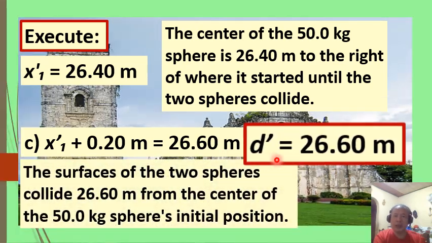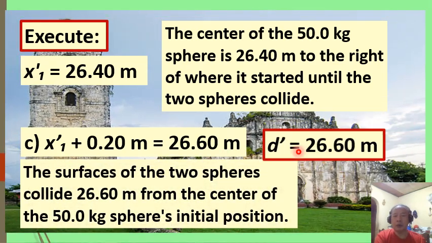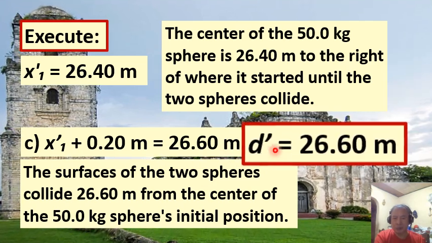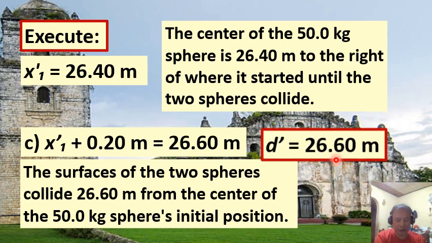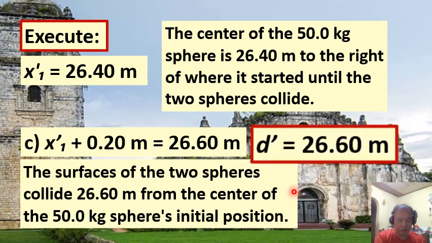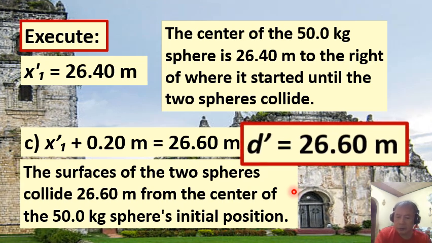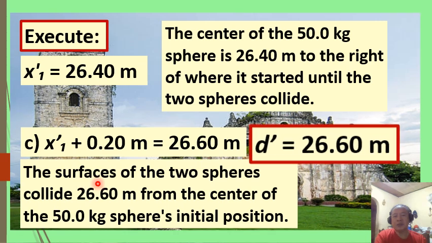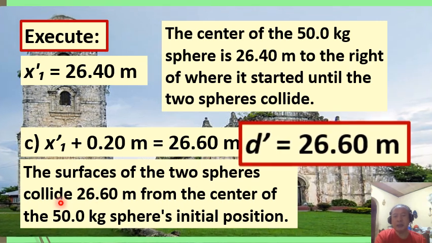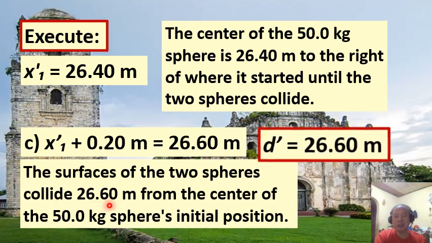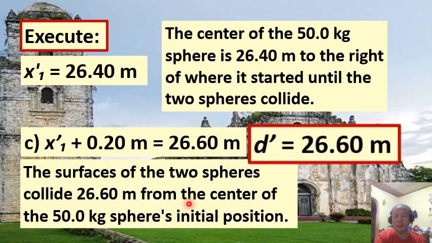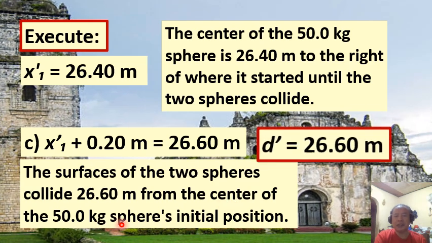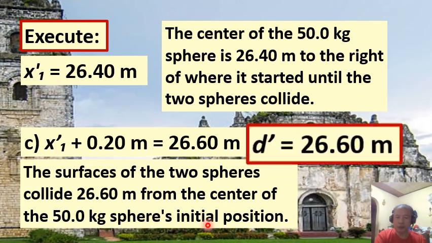And that is the variable that we are looking for in question letter C, denoted by d prime. So that is equal to 26.6 meters. We interpret that to mean that the surfaces of the two spheres collide 26.6 meters from the center of the 50.0 kilogram sphere's initial position.